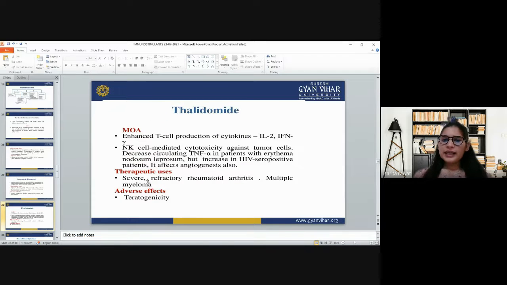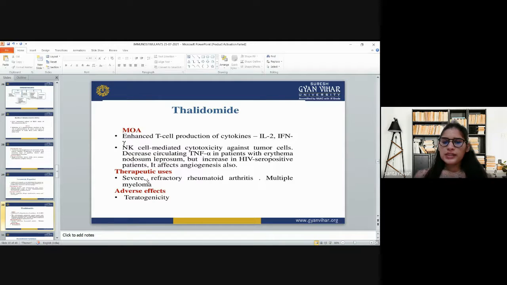Now, next we have thalidomide. Thalidomide's mode of action includes enhancing T cell production of cytokines IL-2 and IFN gamma, and NK cell mediated cytotoxicity against tumor cells, and it decreases TNF alpha in patients with erythema nodosum leprosum, but increases it in HIV seropositive patients, and it affects angiogenesis also.